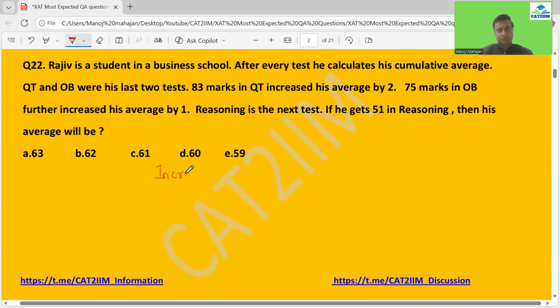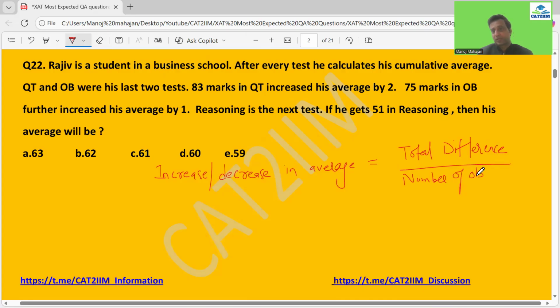That is, the increase or decrease in average will be the same as total difference upon number of observations finally. Let's see how we apply it here, and we can answer averages questions with ease in the XAT paper.